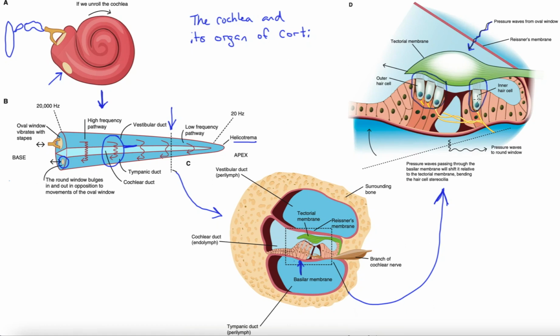Those hair cells are being vibrated up against this tectorial membrane, this extracellular structure. Really its sole purpose is to create a barrier against which these hair cells and their stereocilia will be compressed.